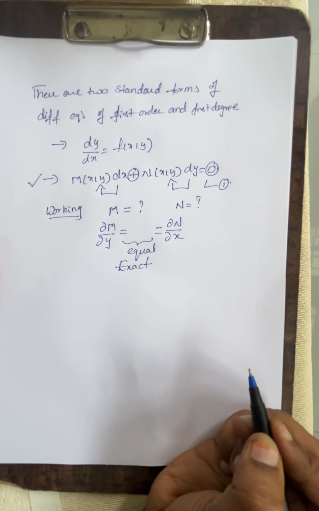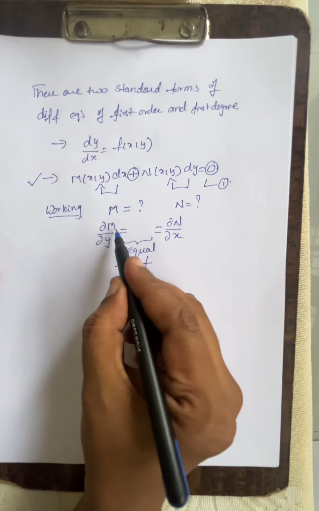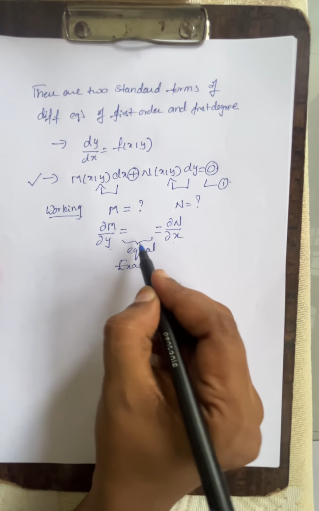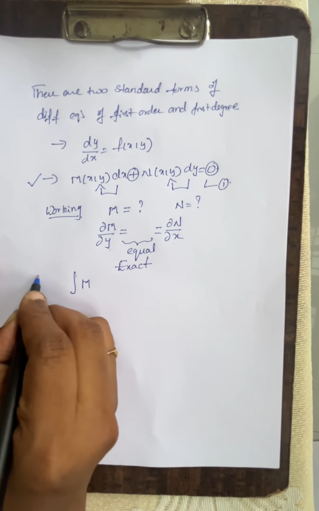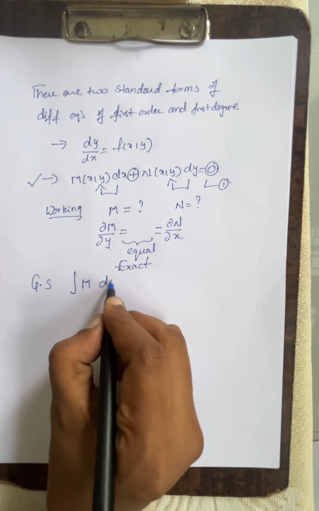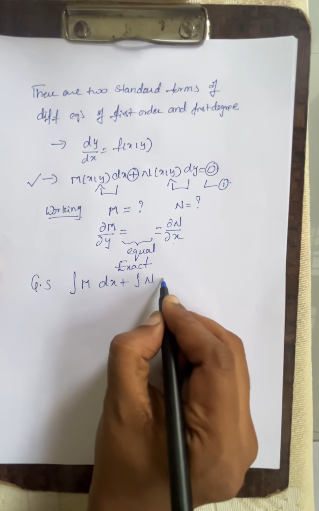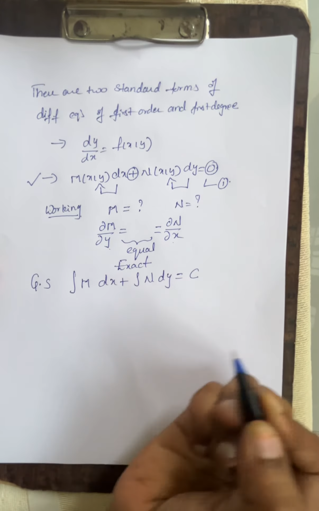Once exactness is confirmed, that means dou m by dou y and dou n by dou x values are equal, we'll write the general solution: integration of m dx plus integration of n dy equal to c.